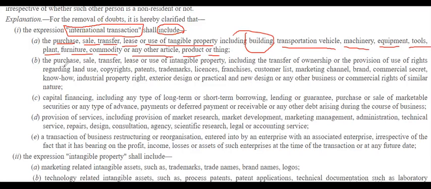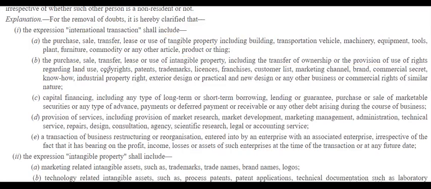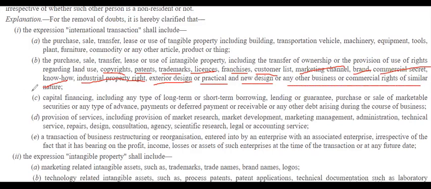It also includes purchase, sale, transfer, lease, use of intangible property, including transfer of ownership or provision of use of rights regarding land use, copyright, patent, trademark, licenses, franchises, customer list, marketing channel, brand, commercial secret, know-how, industrial property right, exterior design, practical new design, or other business or commercial right of similar nature.